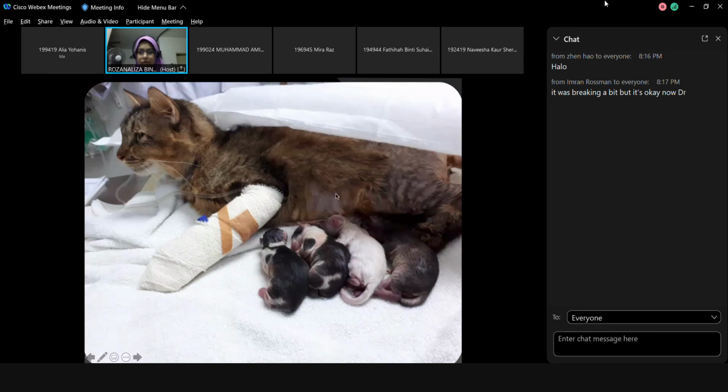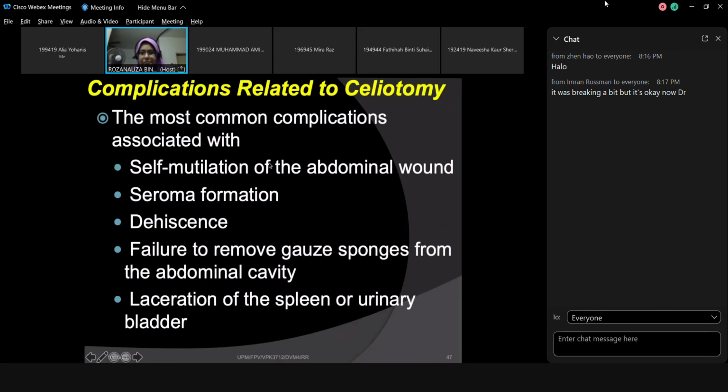Okay, so you need 4 nurses, 1 team to open up the uterus, and 1 team to handle the mom. Okay, so the complication that usually relates to this type of caesarean or also OHE, I think the one that is very special is failure to remove gauze or sponges from the abdominal cavity.